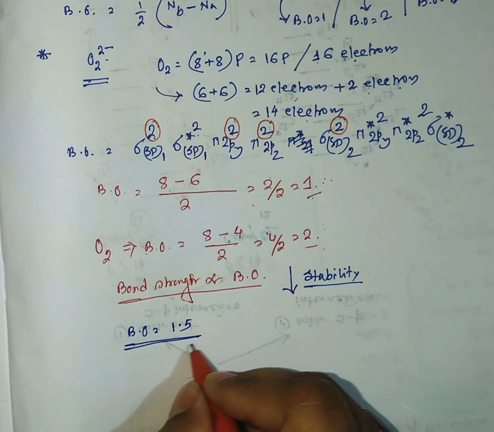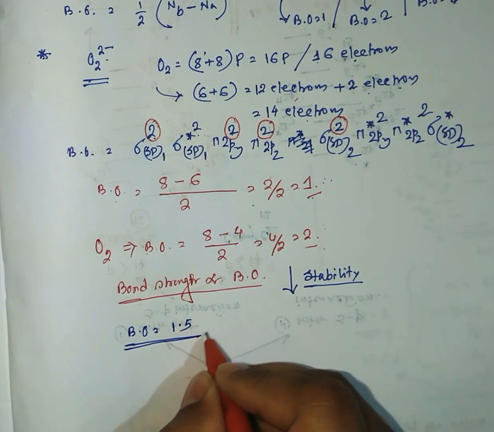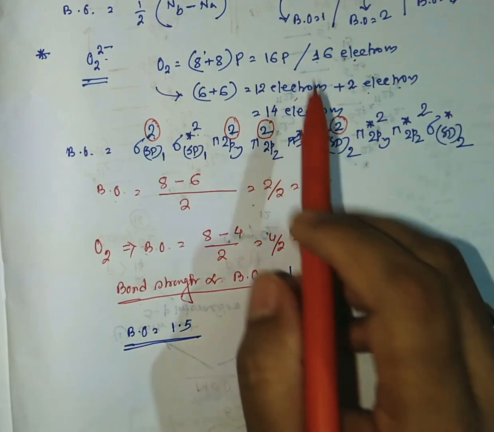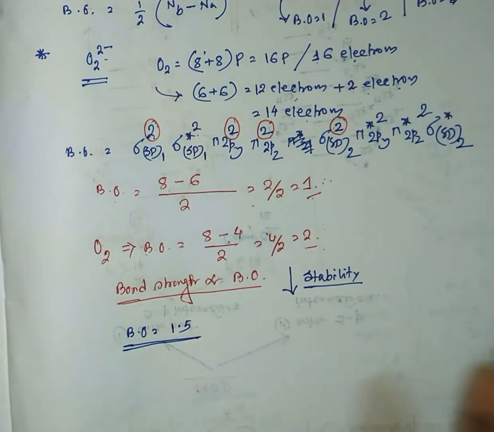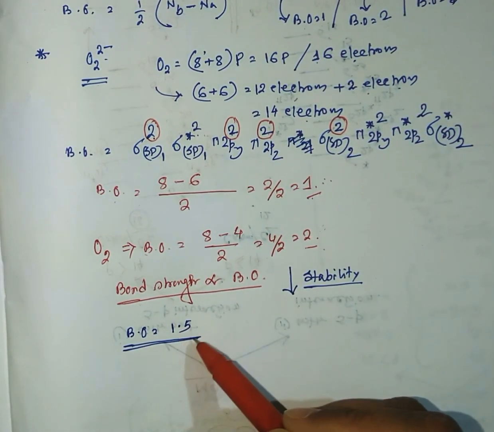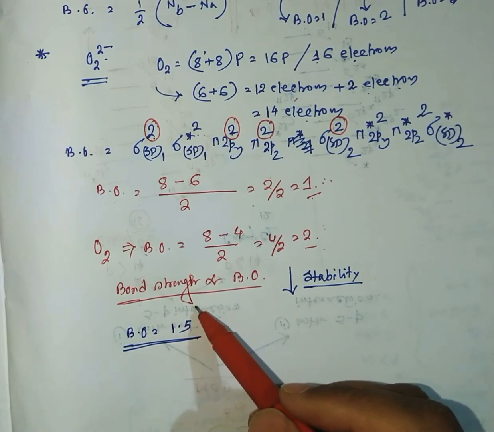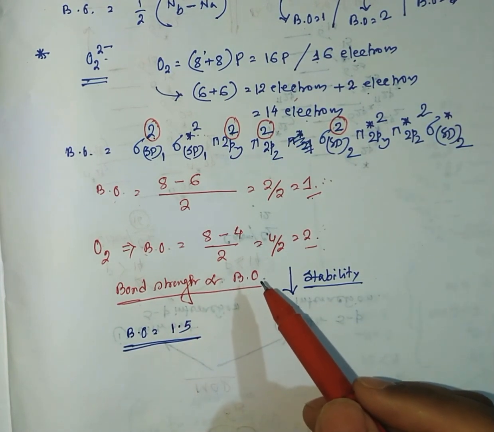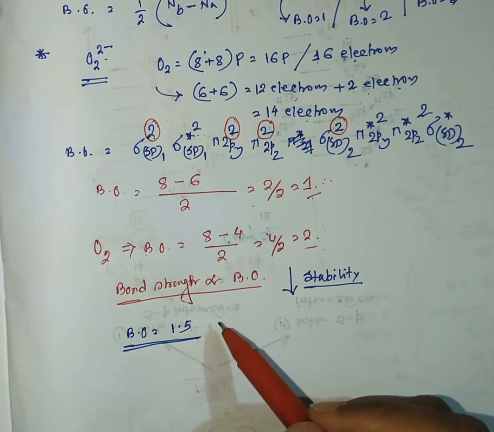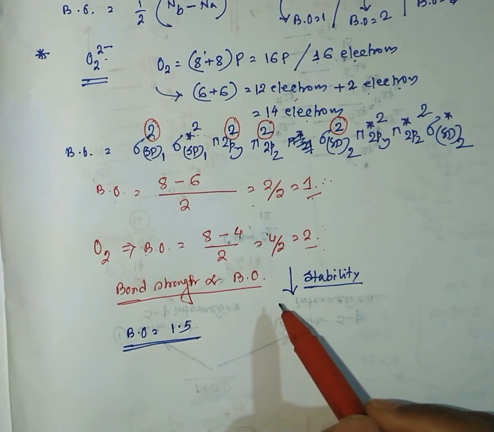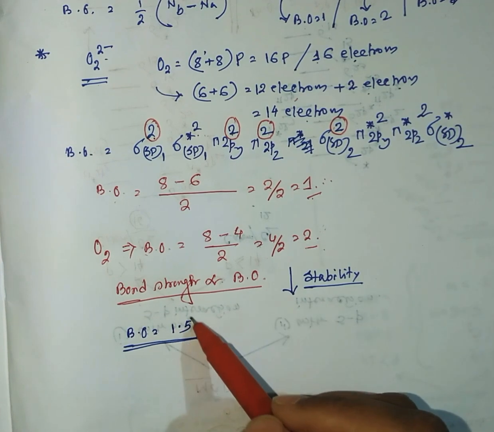What is the meaning of bond order 1.5? With respect to bond order 1, the stability of the molecule increases. But the stability decreases with respect to bond order 2 or 3. This is the meaning of the bond order.